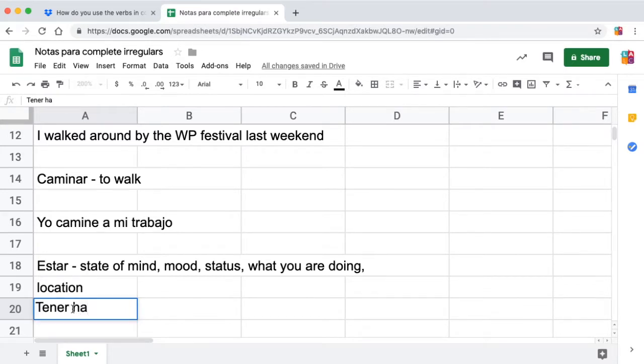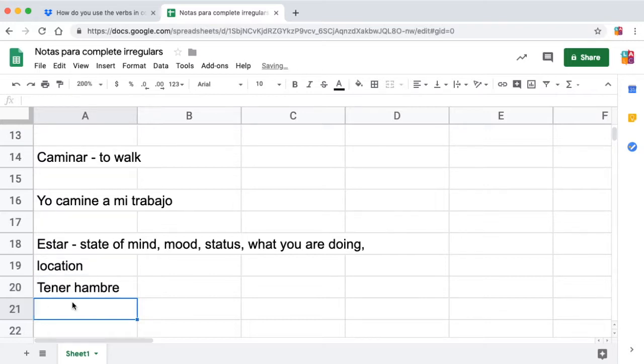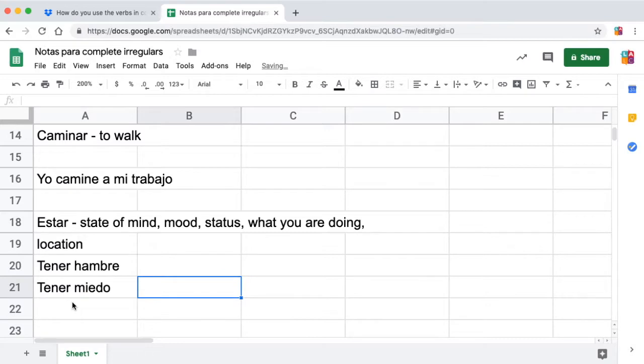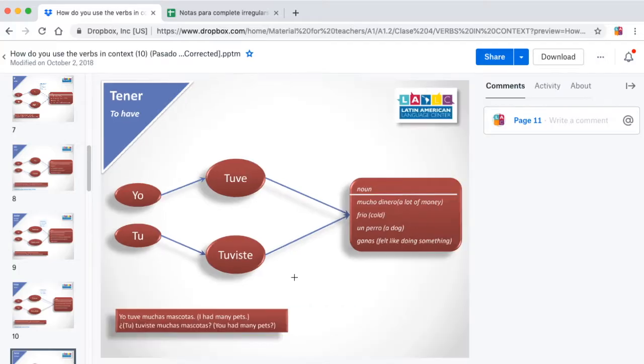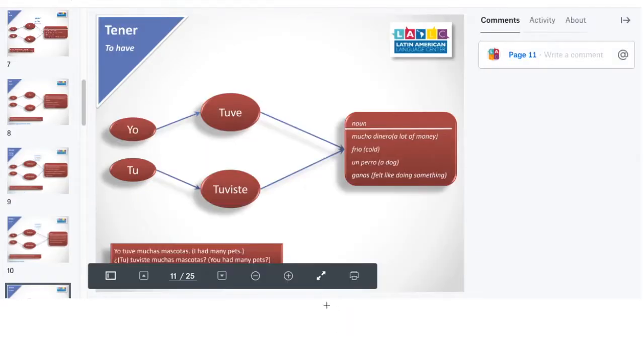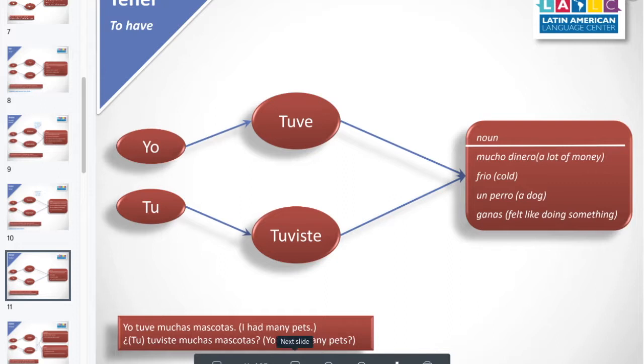Tener hambre is to be hungry, so tuve hambre, I was hungry, right? Also we say tener miedo, I had fear, I guess. I was afraid would be tuve miedo, okay? So those are a little differences, but all in all, it's good.